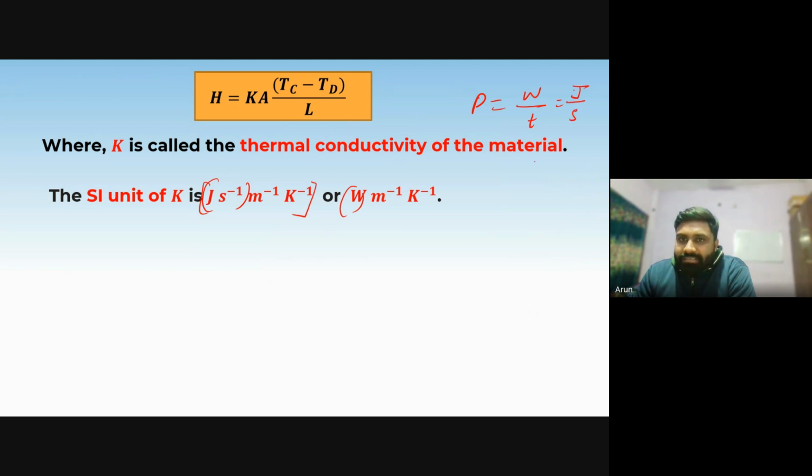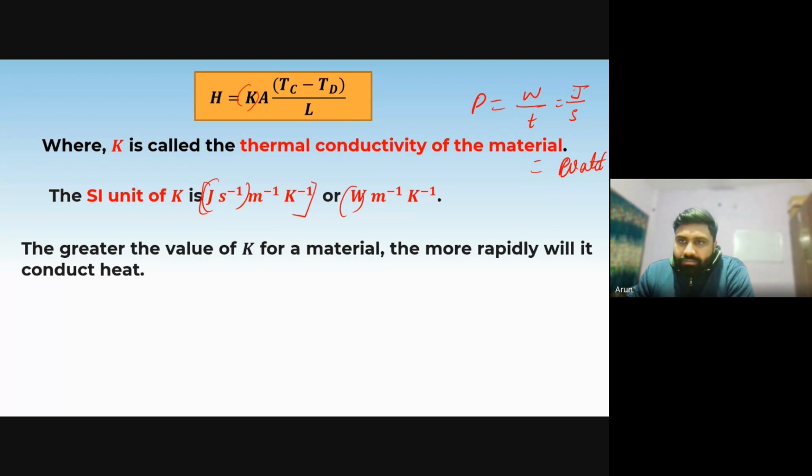So joule per second is nothing but watt. So watt per meter Kelvin is the unit of K. Now, the greater the value of K, the greater is the heat transfer. More rapidly the heat transfer will take place. So it is more for conductors.